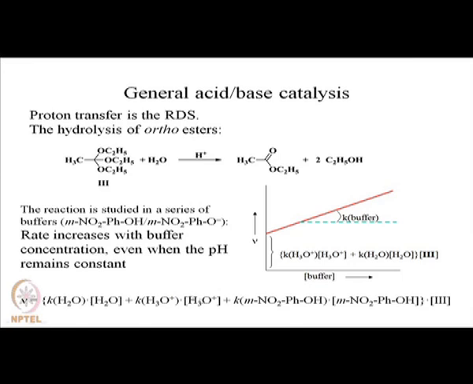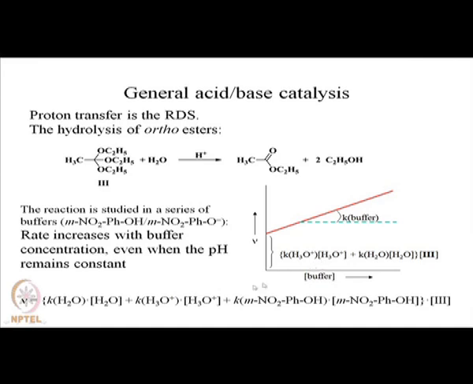In presence of H plus, this one, number 3, gives rise to this, and this type of reaction has been studied in a series of buffers, that is phenol phenoxide buffer, and it has been found that the rate increases with buffer concentration even when the pH remains constant.